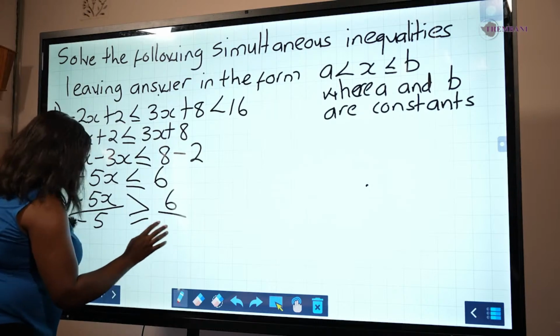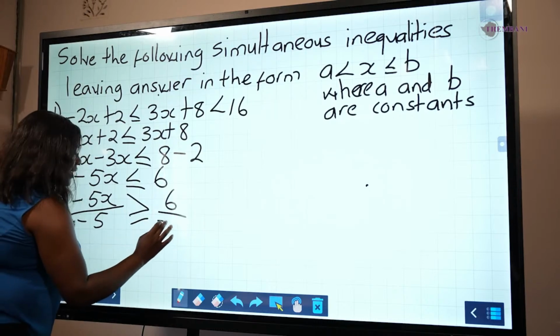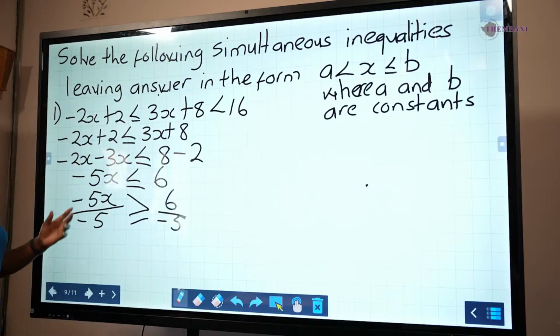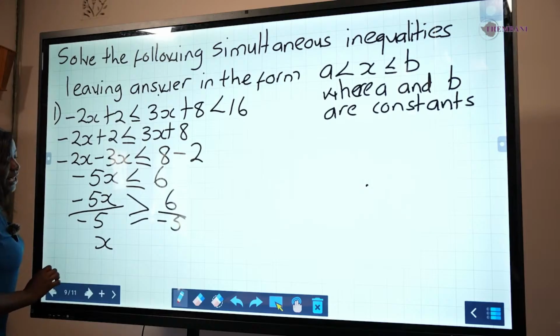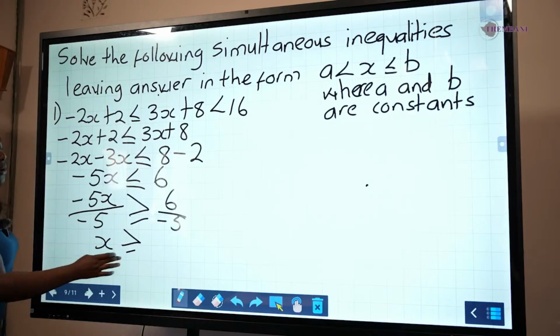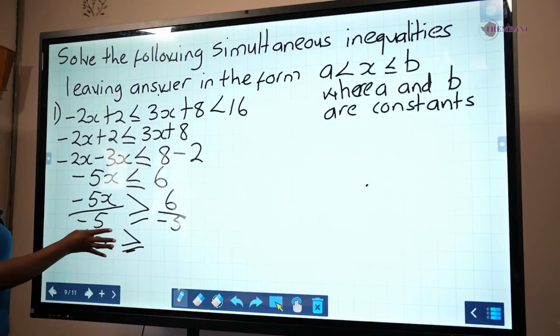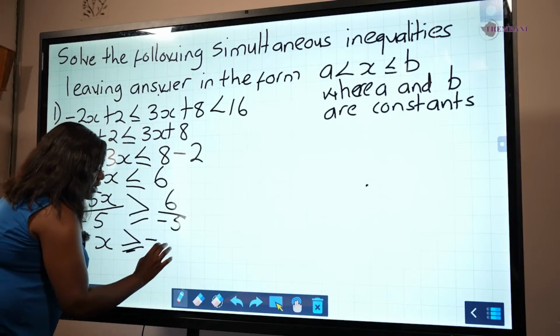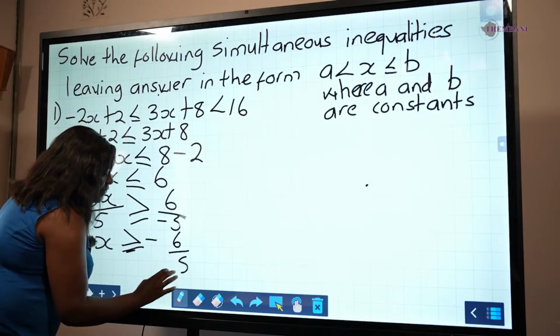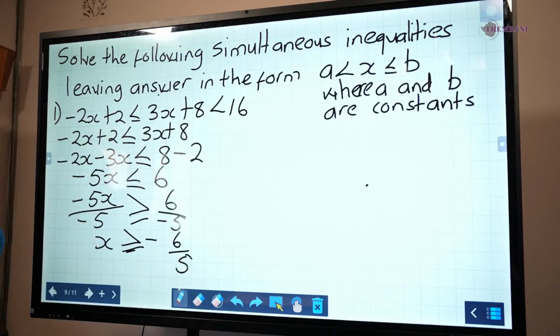We also put our negative 5 this side. So if we divide this by this, we are going to get our x there, and our inequality sign, x is greater than or equal to negative 6 over 5. I'm going to leave it as an improper fraction like that.